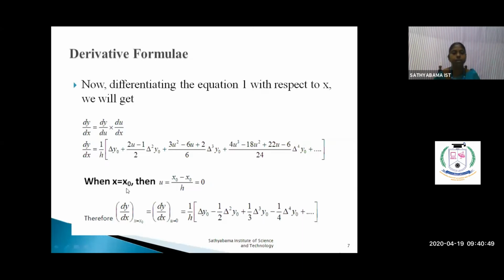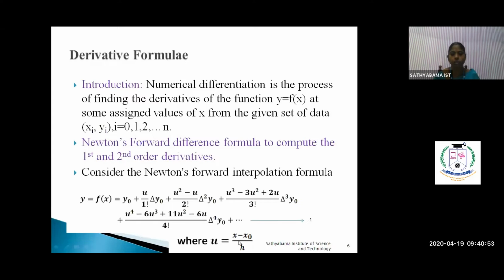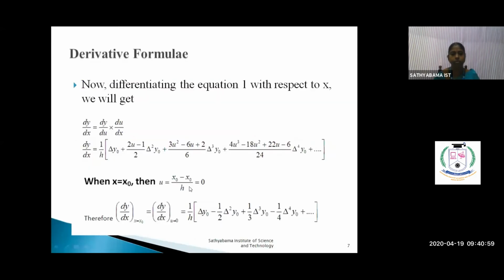So x is equal to x naught means what happens to my u? u is equal to x naught minus x naught by h. So x naught minus x naught becomes 0, and 0 by h is 0. In such a case, dy by dx at x is equal to x naught is equal to dy by dx at u equal to 0.